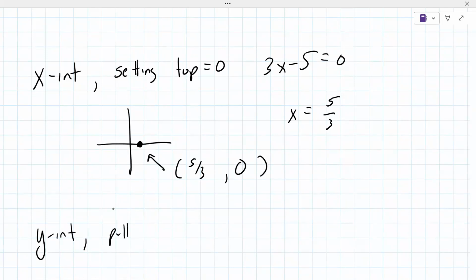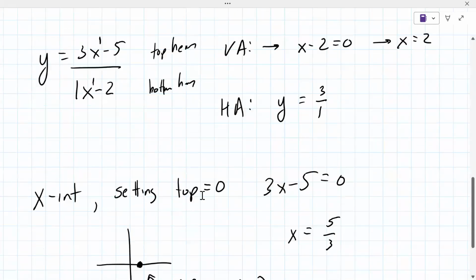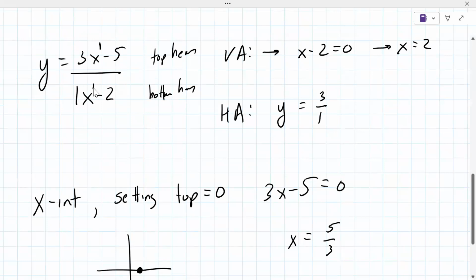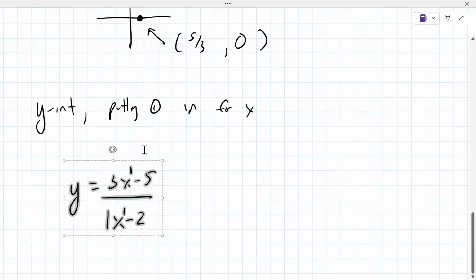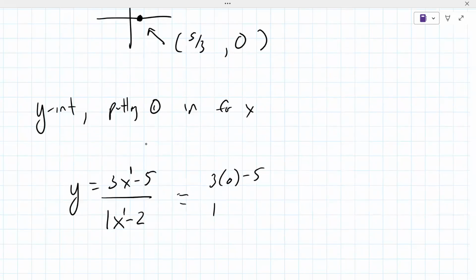So the y-intercept is putting 0 in for x. Okay, so it would be y equals -5. You're putting 0 in for x in both the top and the bottom, the whole thing. So it'd be like 3 times 0 minus 5 over 1 times 0 minus 2.